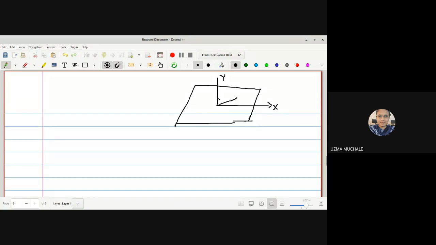And here mass m1 is kept at rest on the table and m2 is suspended here. Suppose this is mass m2, correct? The total length is L, and suppose r is the distance from the origin for mass m1.